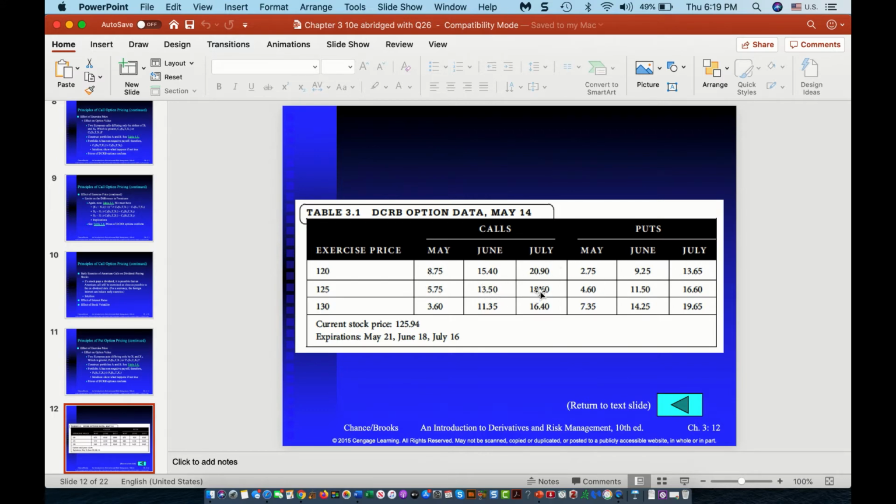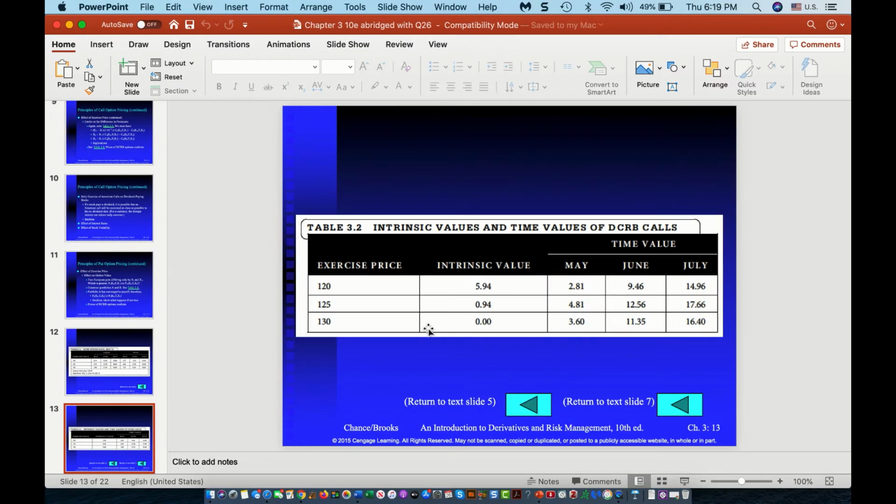And then you see the reason that time to expiration is positive for both call and put. And then you have this time value, and as I said before, at the money has the most time value, so these numbers are highest among all three rows. This middle row is highest.